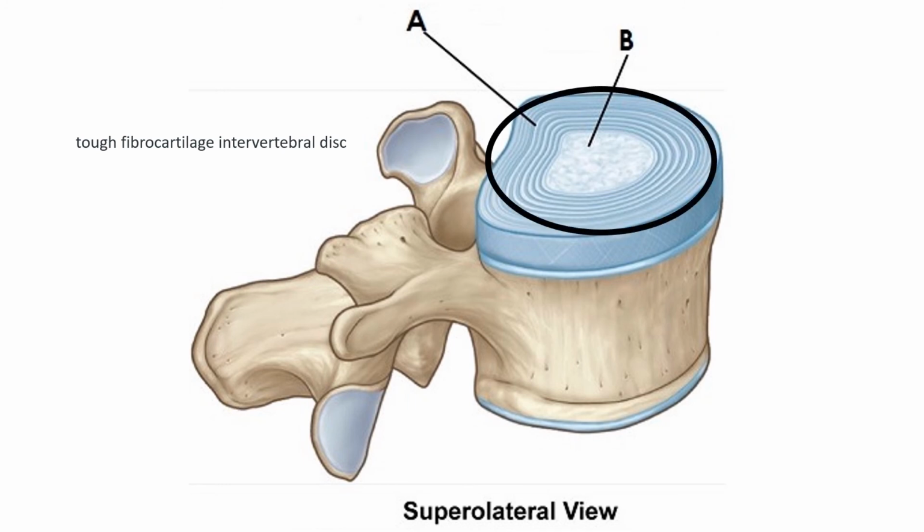This disc is made of outer fibrocartilage ring, and the inside is a jelly material called nucleus pulposus.